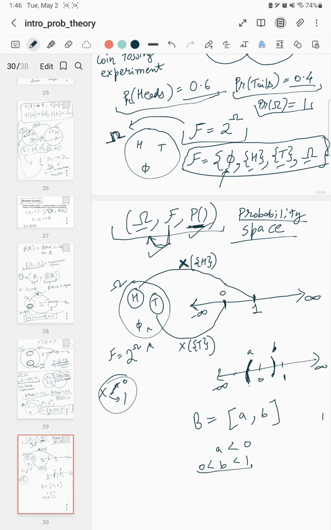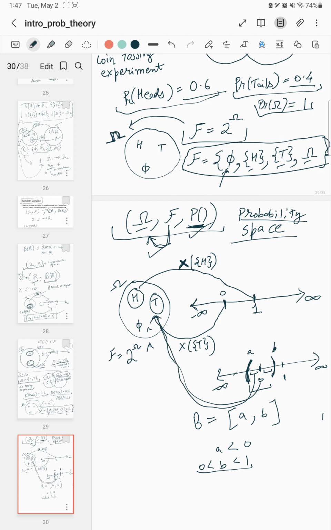So in this case, we know that x takes the value 0 when tails is present. So this 0 points towards the tails, so it has a pre-image tails, and obviously the other areas inside this set point towards the null set.